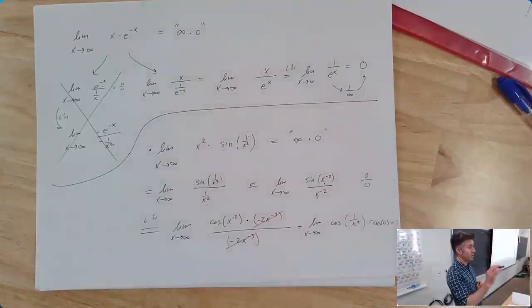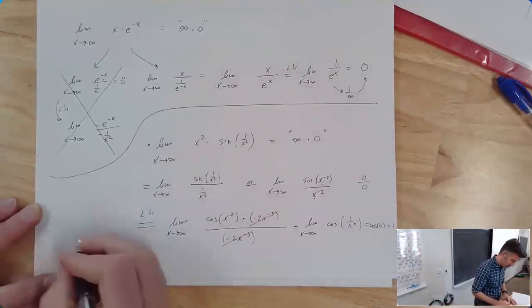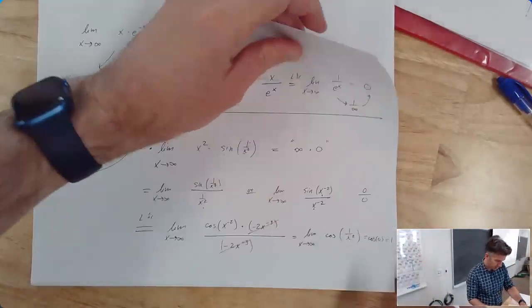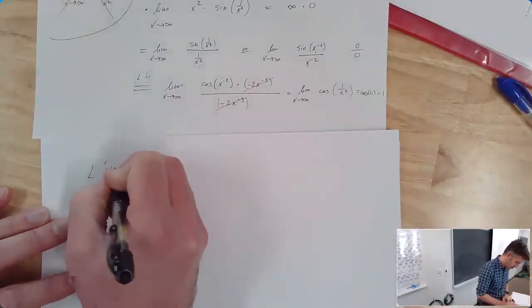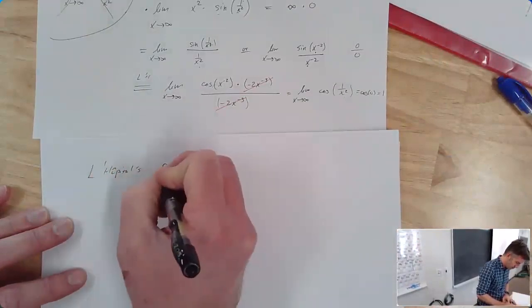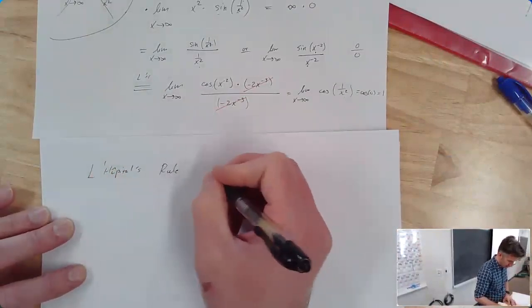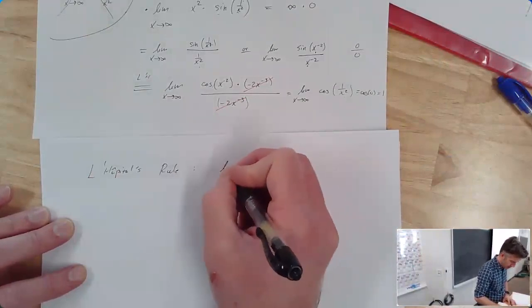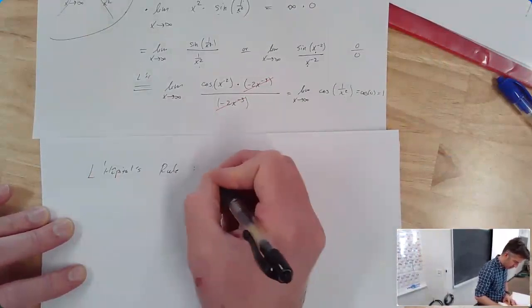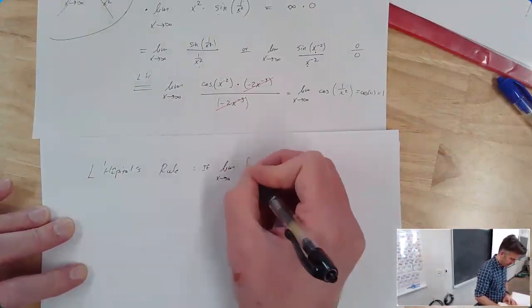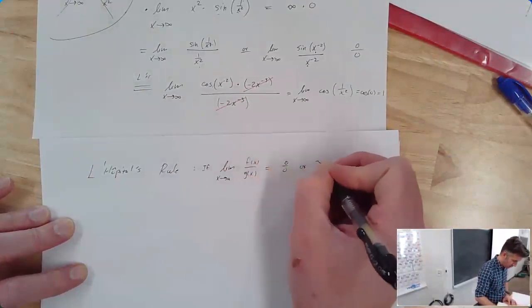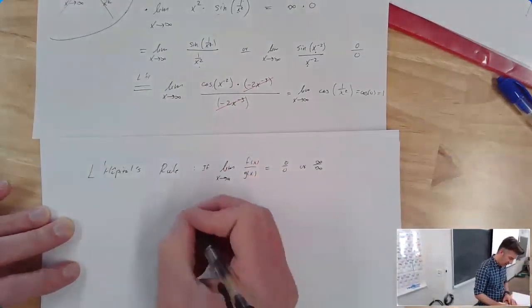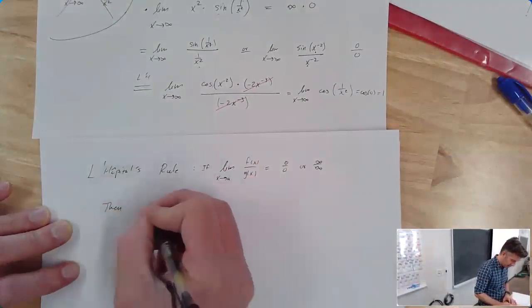So we're using L'Hopital's rule, which you weren't here at the beginning, so let me remind everybody. L'Hopital's rule says the following. I'll just write it again. If the limit as x approaches a of f of x over g of x is either 0 over 0 or infinity over infinity, then we can say the following.